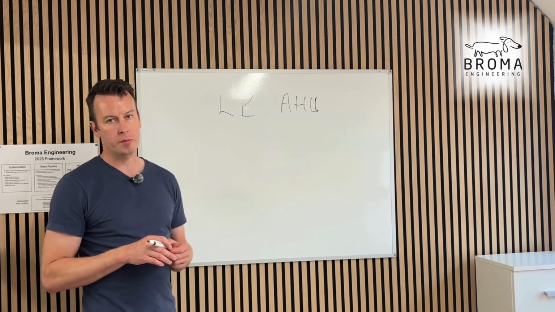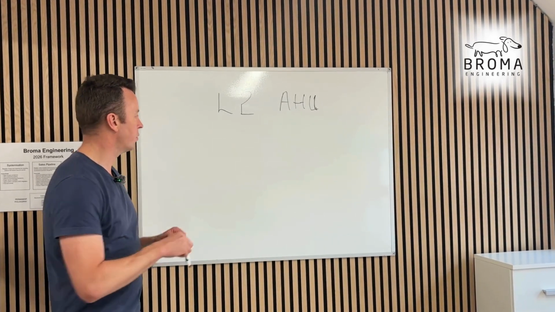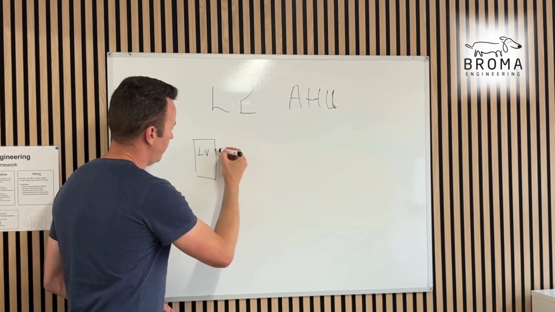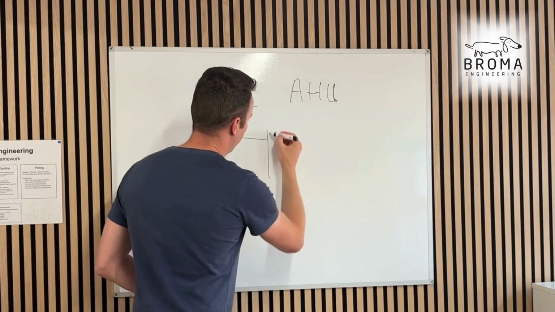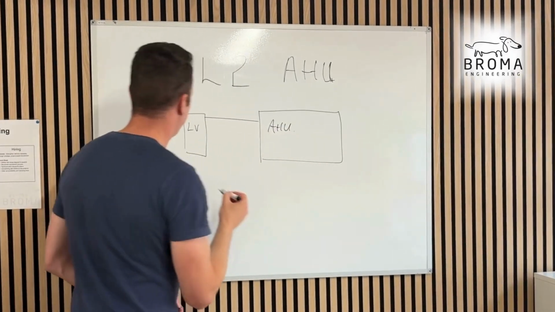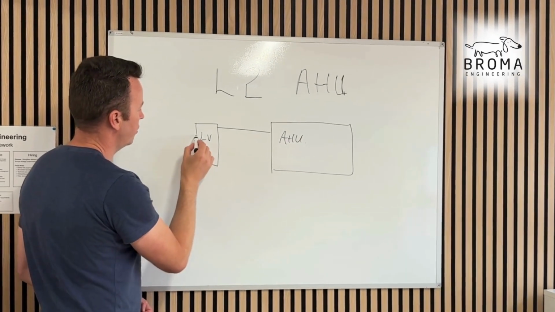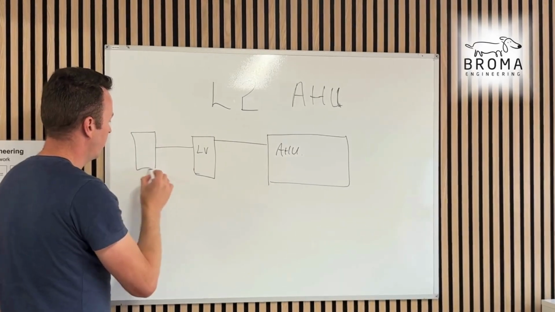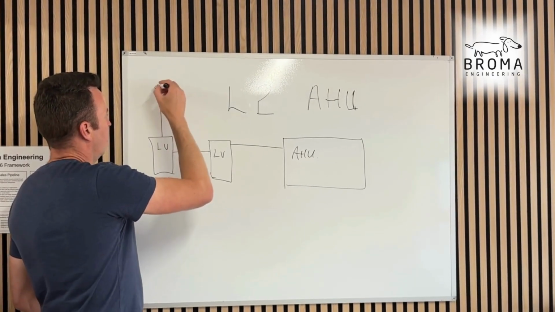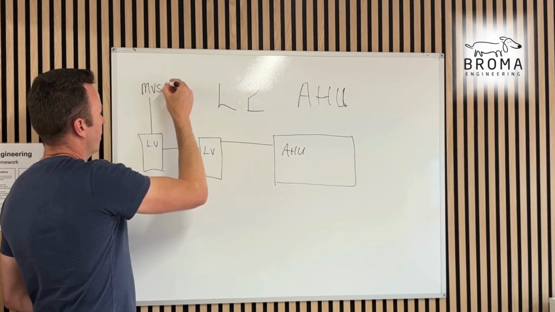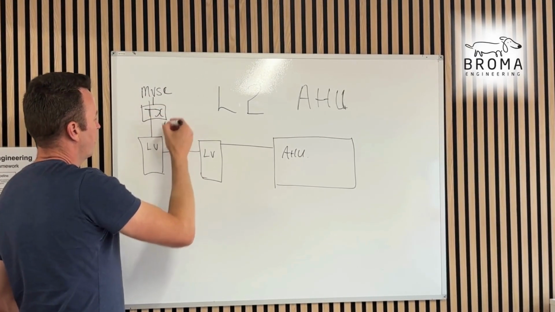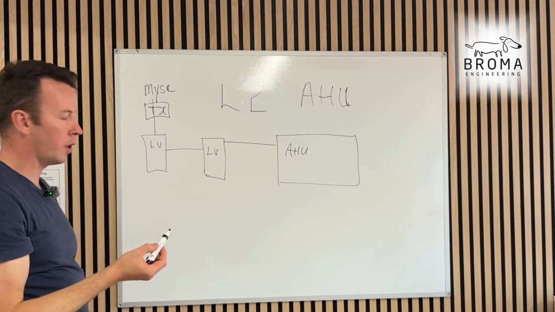Now, a couple of things to note. You will have LV switchgear upstream of your AHU, and you'll probably have more LV switchgear upstream of that, and upstream of that you'll have your MV switchgear and the transformer, and that's as simple as it's going to get.